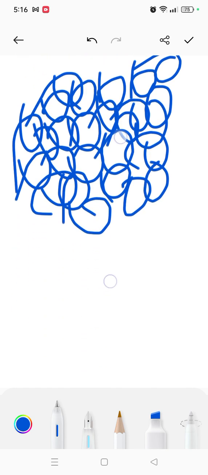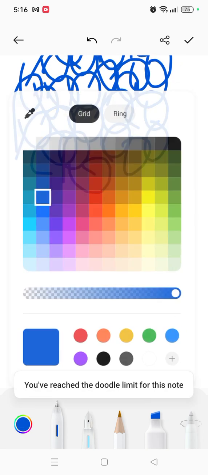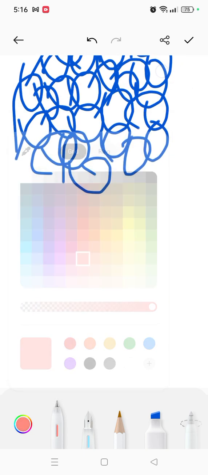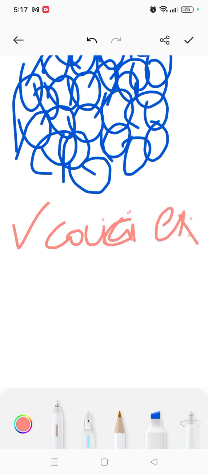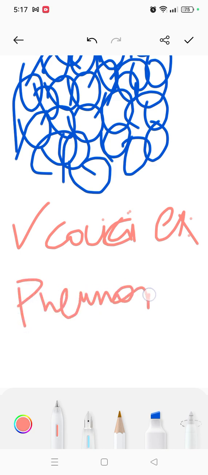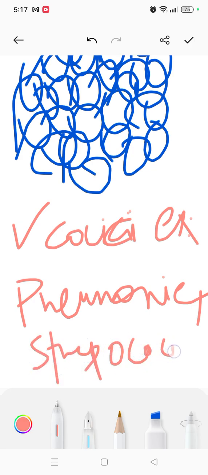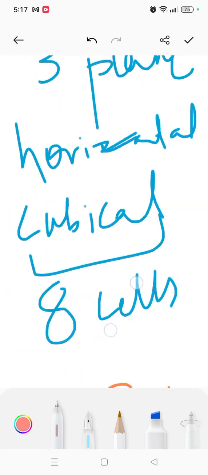Now the final examples of cocci, I cannot move my screen more, so this is the last one: pneumococcus and streptococcus. I'm sure this would be clear to you. This is all about cocci.